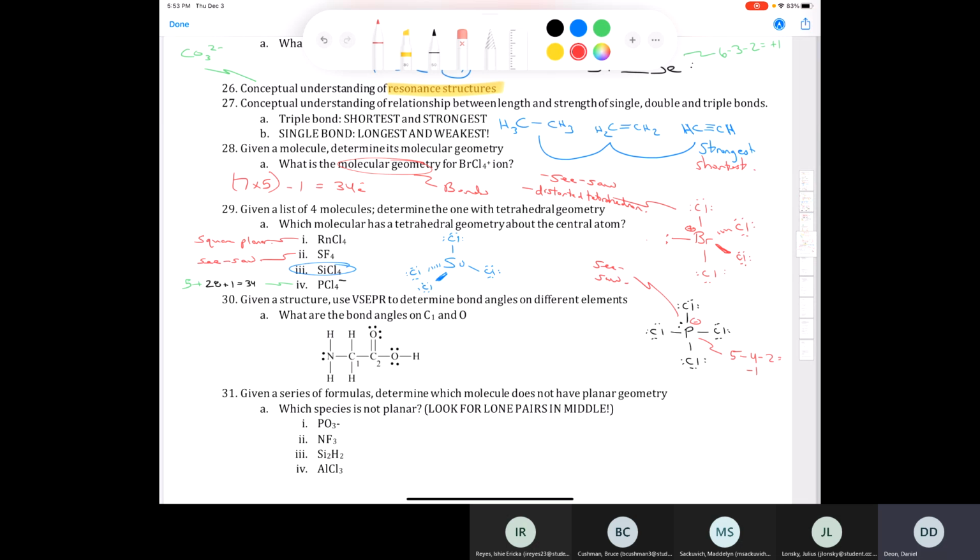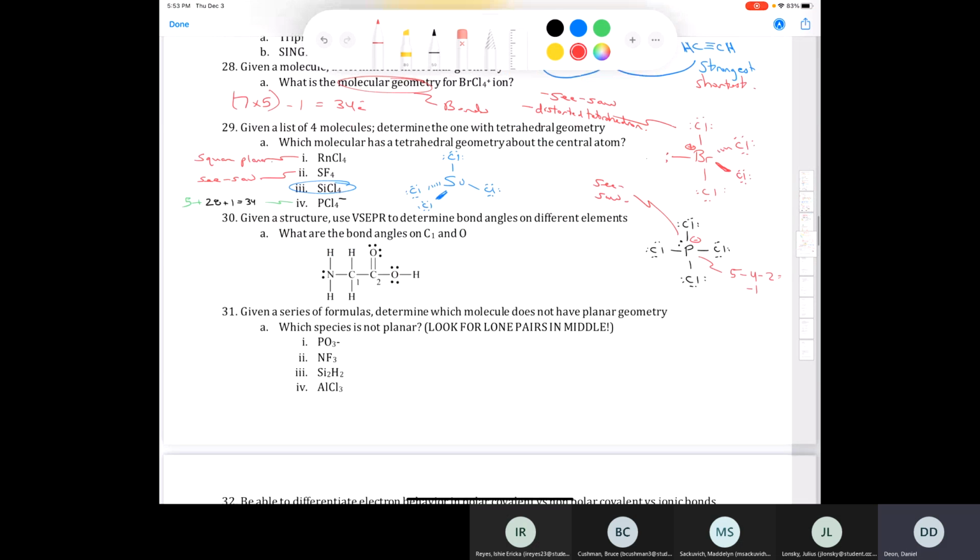All right, number 30. Given a structure, use valence shell electron pair repulsion theory to determine bond angles on different elements. What are the bond angles of carbon 1 and the oxygen? Well, carbon 1 has 4 bonds to it, no lone pairs, so it's tetrahedral, and therefore the bond angles are going to be all around 109.5 degrees.